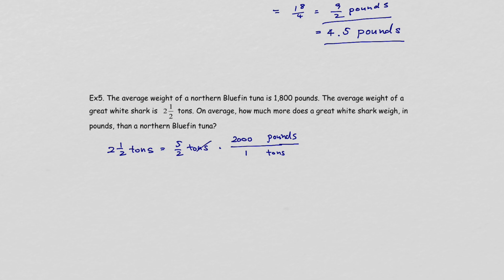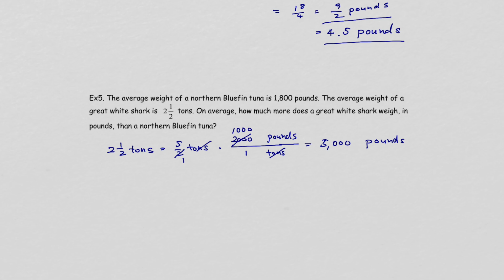Let's get rid of the units so I know that I have the right multiplications to find the pounds. And it looks like I will get rid of 2, and that will become 1,000, right? So 5 times 1,000, you get 5,000 over 1.